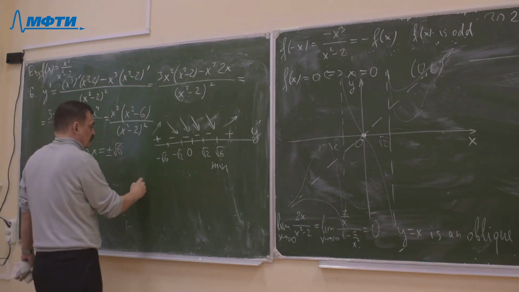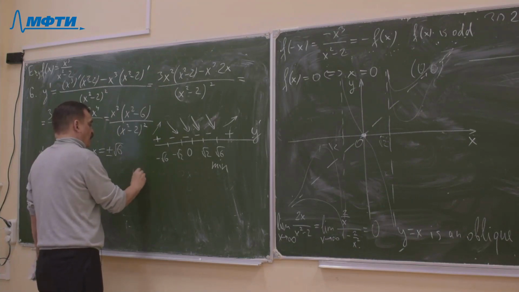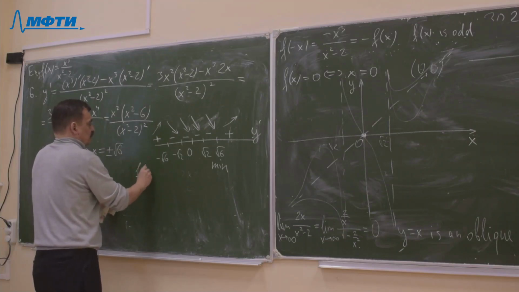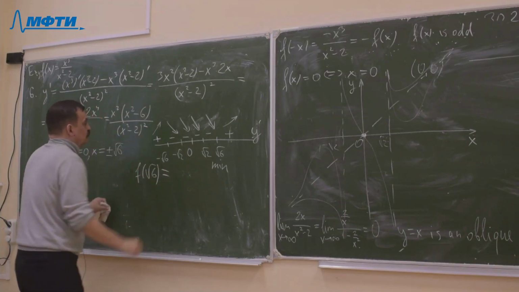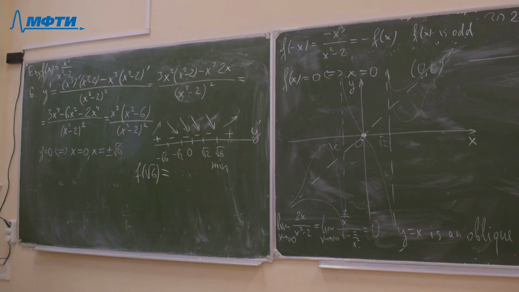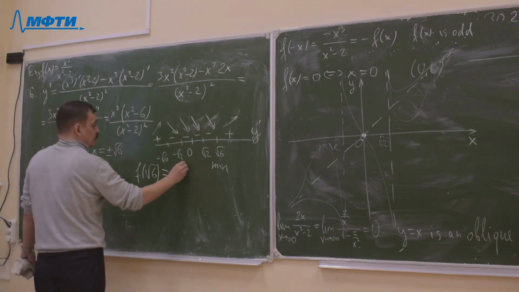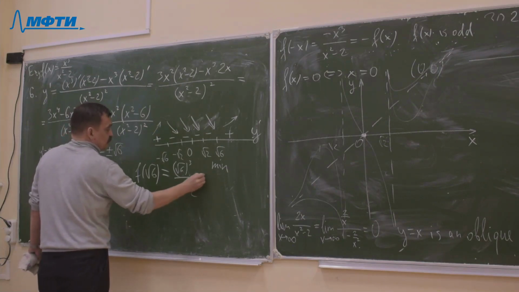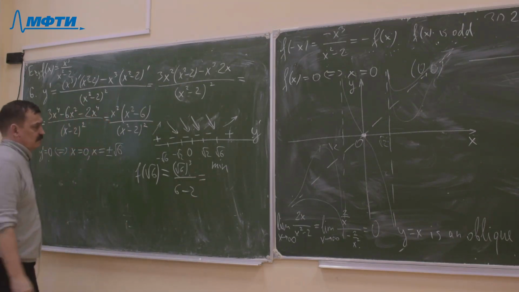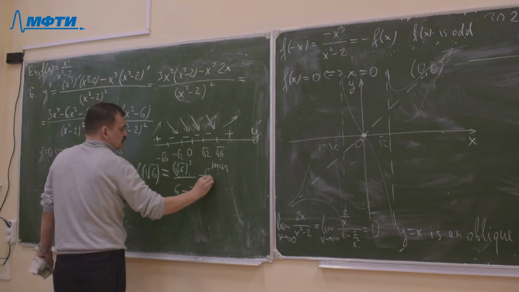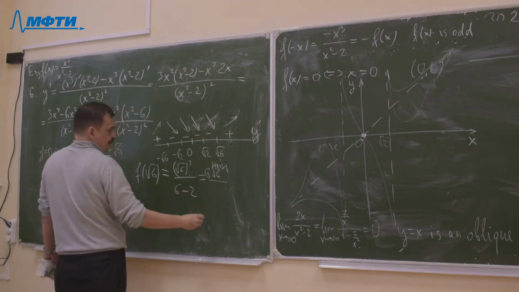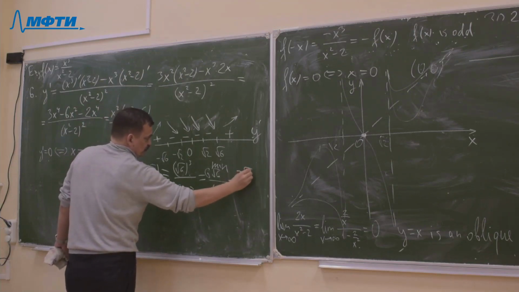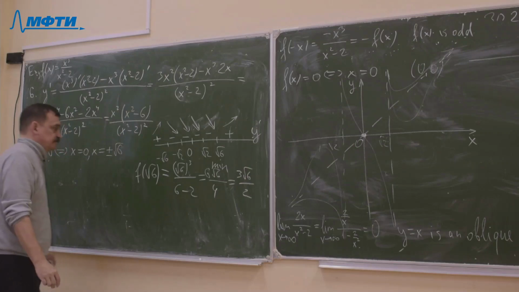It means f of square root of 6 we need to compute, and it gives square root of 6 cubed over 6 minus 2, and it gives 6 square root of 6 over 4, or 3 square root of 6 over 2.